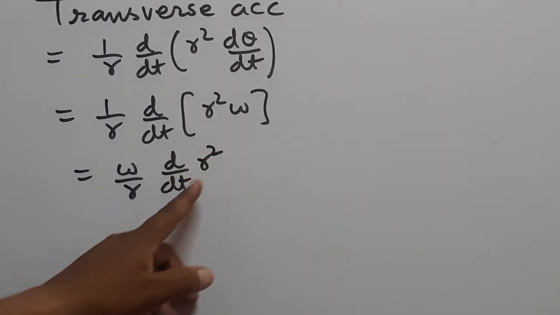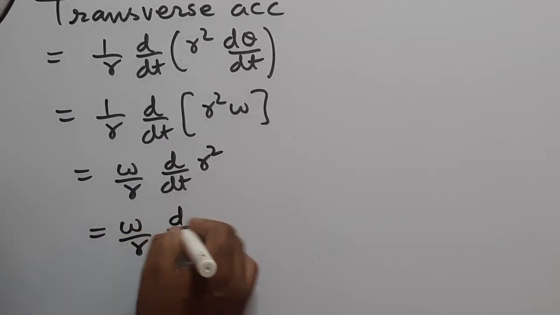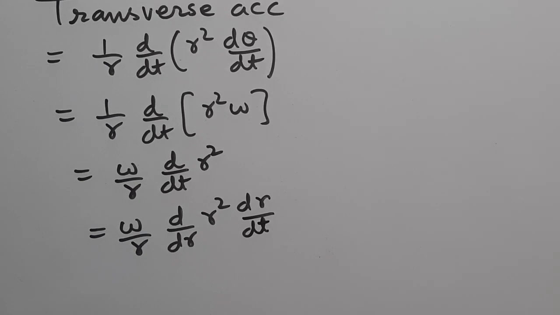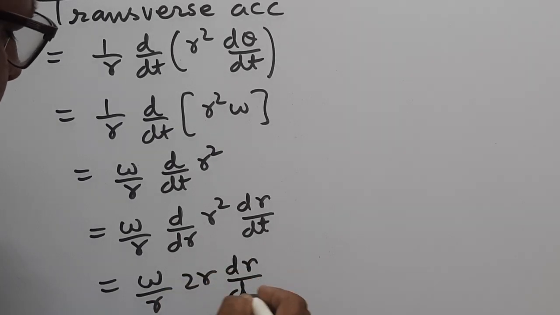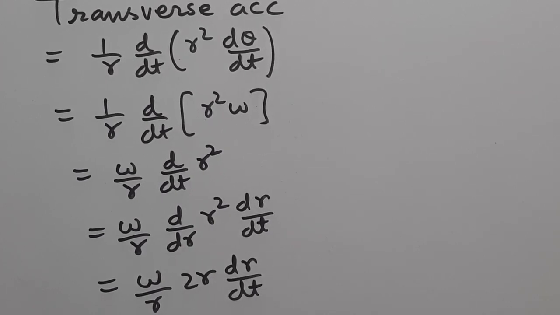Now we differentiate r square with respect to time. So we get here d by dr of r square and dr by dt. Now we differentiate r square with respect to r. We get here 2r dr by dt. So r is cancelled out.